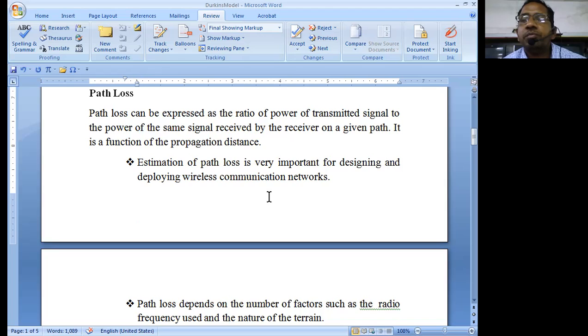It is a function of the propagation distance. Now why do we go for path loss? Estimation of path loss is very important for designing and deploying wireless communication networks. Wherever you have path loss, there we don't deploy the system. Where we don't have much path loss, there we deploy the base stations to receive the signals with more directivity and gain.